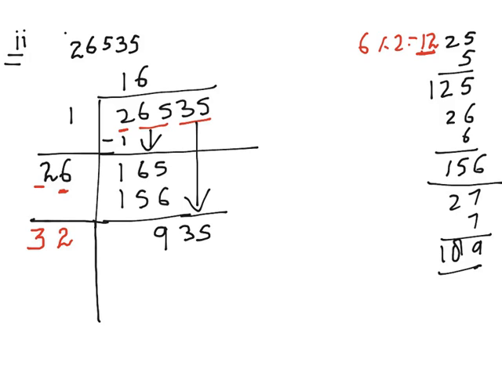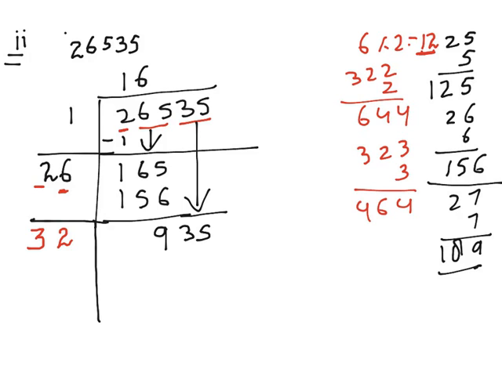Now we have to find out the next digit, that if we multiply will give a number less than or equal to 935. So let's start with 2. 322 times 2 will give 644. If we go with 3, 323 times 3 will give us 964.